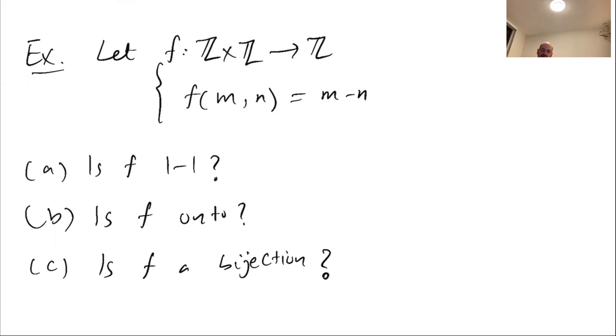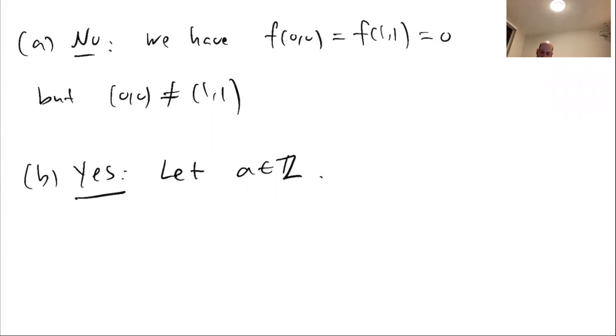Now, f of which input is a? f of m and n is m minus n. So if I want the output to be a, what should I consider as an input? Well, I have many options. One simple option is a and 0. Then f of a and 0 equals a minus 0 equals a.